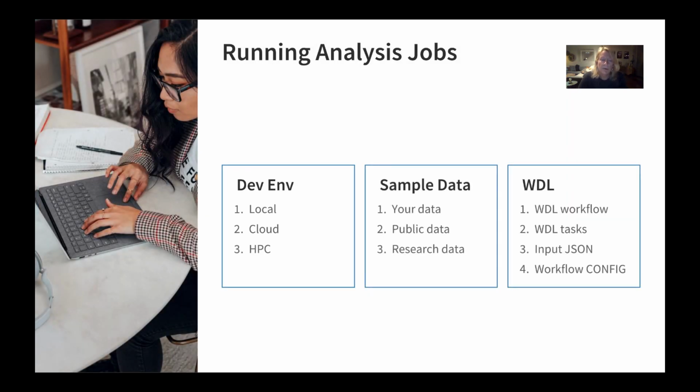So again, the general pattern when running analysis jobs is you have some sort of dev environment, local laptop, cloud, or HPC. Another aspect that is often challenging is data. When people are moving to the cloud, oftentimes they only run local or HPC, so they don't have a small data set.